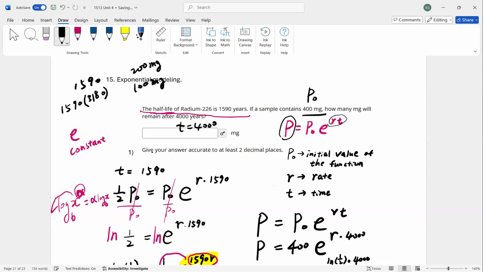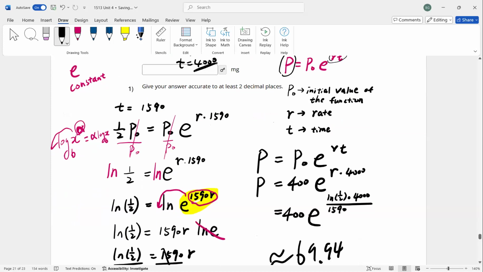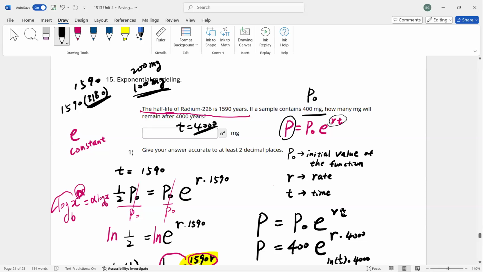So it makes sense. Then after 4000 years it is around 70 milligrams. That makes perfect sense, right? I think the answer is very reasonable. I think this is a correct answer. Any questions, guys?